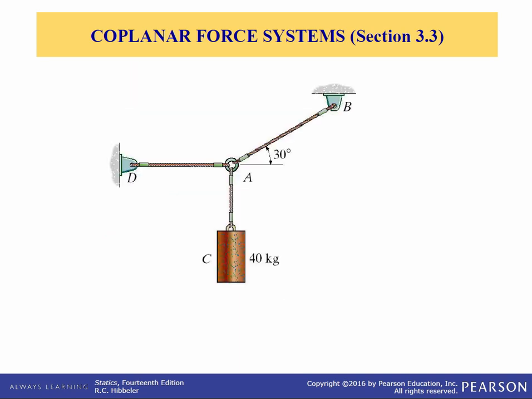So a particle is said to be in equilibrium if it remains at rest, if originally at rest, or has a constant velocity if originally in motion. Most often, however, the term equilibrium, or more specifically static equilibrium, is used to describe an object at rest.